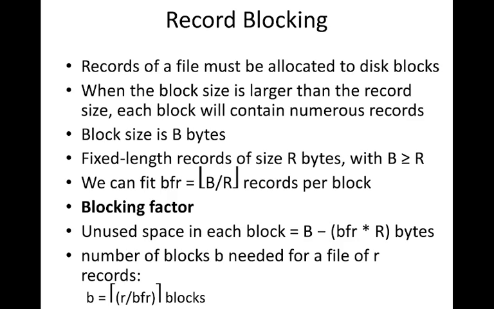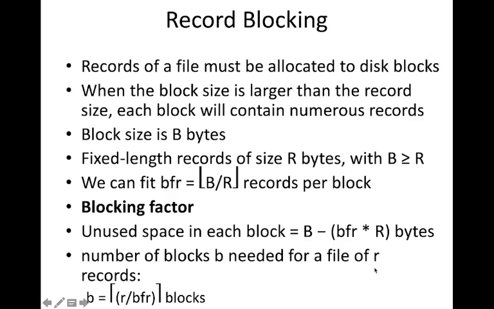Now I have 60 records. Those whole 60 records together are known as a file. In our example, if there are 60 students, we have R equal to 60. So we need to store 60 records. How many blocks will be required?